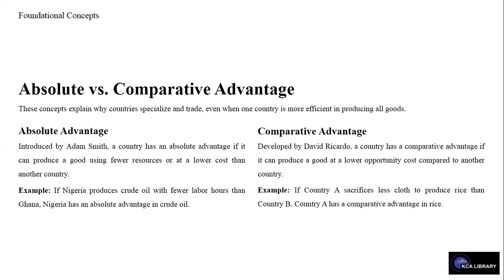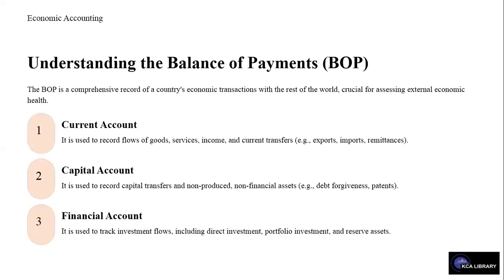For example, if country A sacrifices fewer clothes to produce rice than country B, then country A has a comparative advantage in rice.